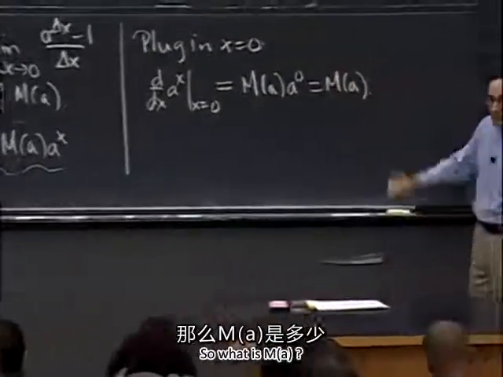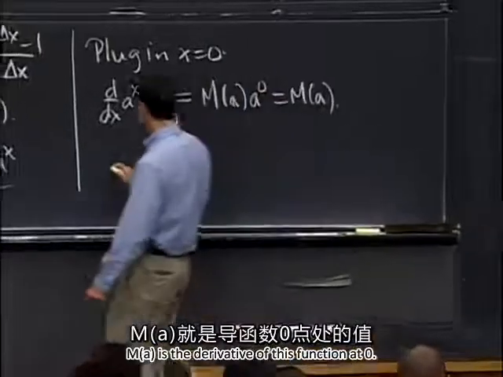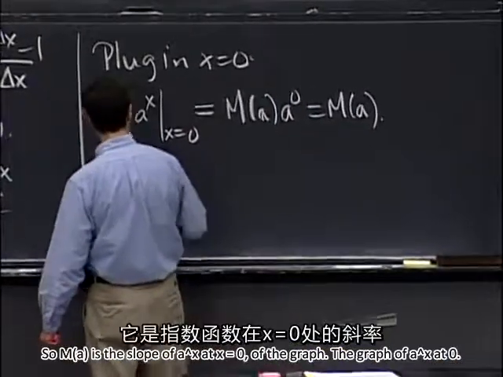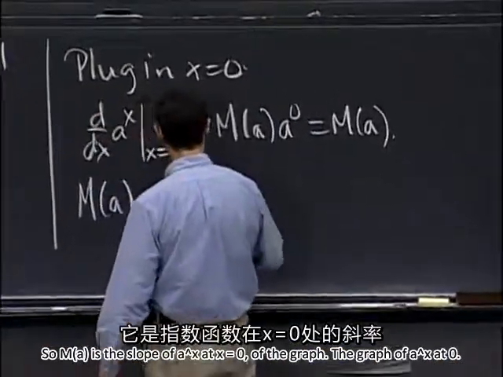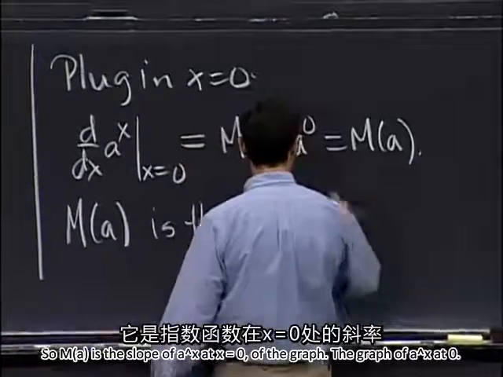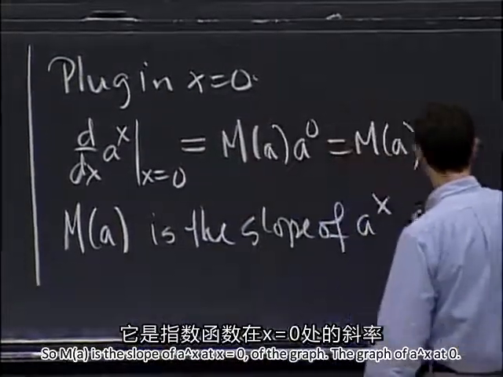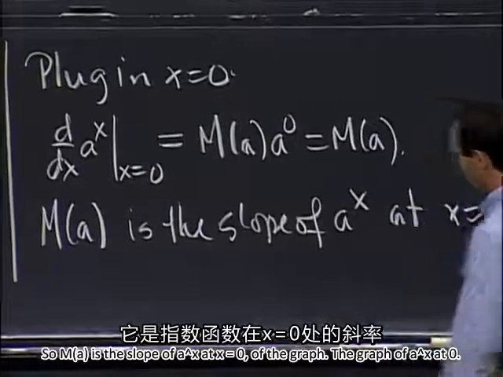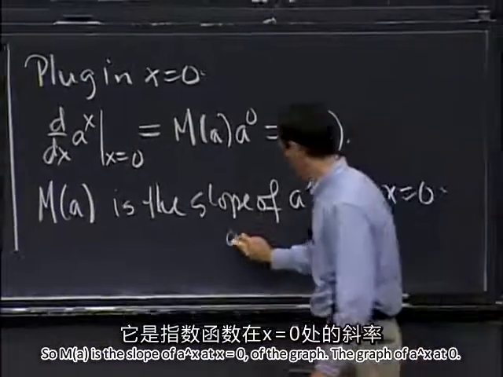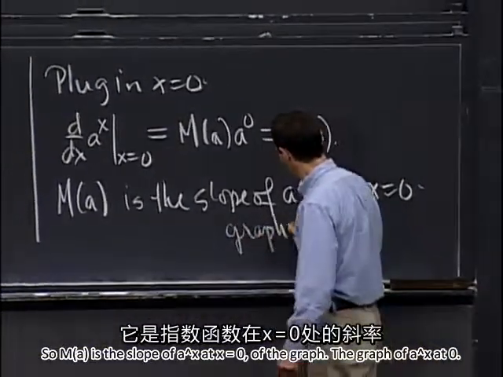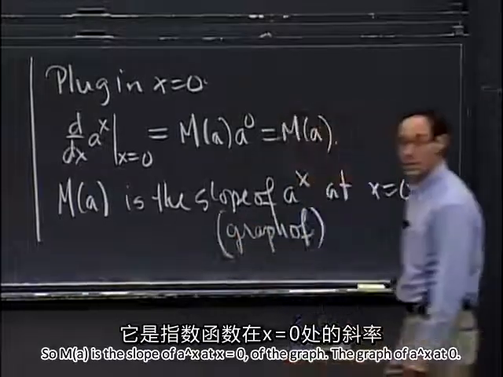So what is m of a? M of a is the derivative of this function at 0, so m of a is the slope of the graph of a to the x at x equals 0.